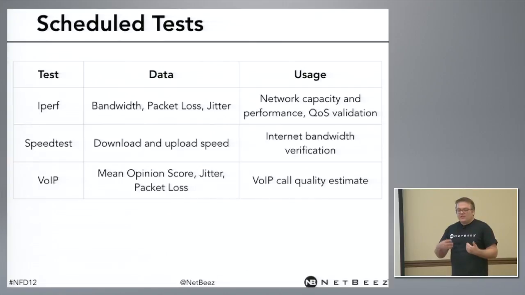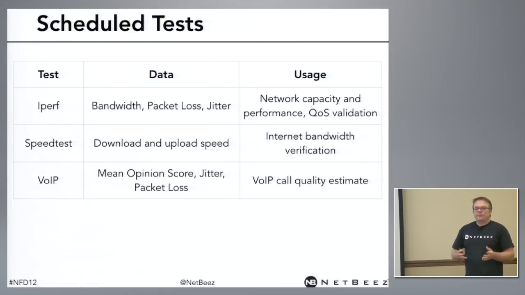That's, of course, good for troubleshooting, but it's reactive. It happens after the problem comes up. You have to call somebody. You don't have the historical view of how things have evolved, and more importantly, the baseline, to know if things have changed and if it's an internet problem or a speed problem. So you have the historical now for this type of test, and you can be proactive about it and get alerted when something goes wrong before the user even picks up the phone to call the help desk.